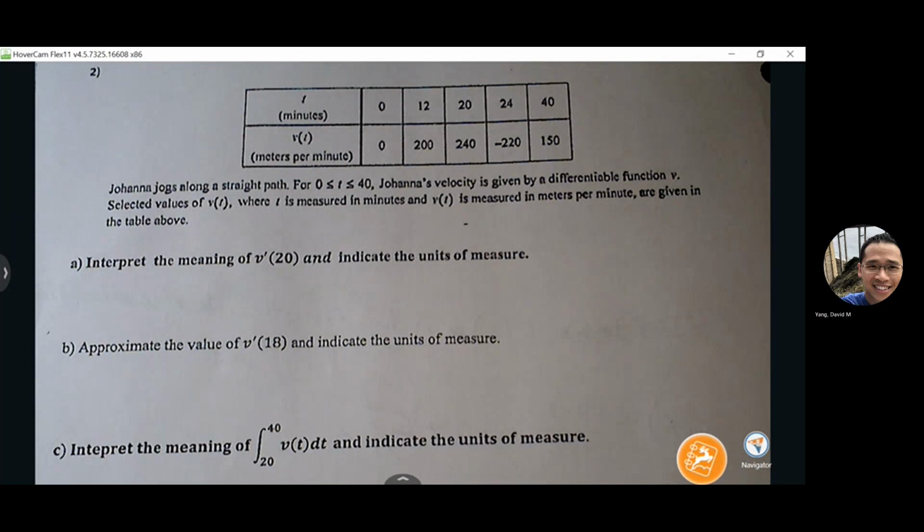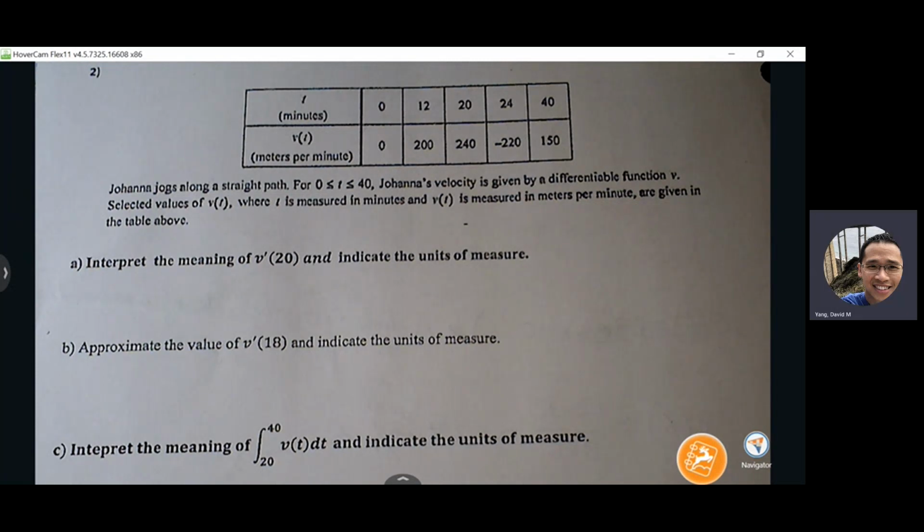So let's just kind of imagine what's going on with her jog. So at 0, she hasn't started yet. 12 minutes in, she's going at 200 meters per minute. 20 minutes in, she's picking up her speed, 240 meters per minute. What's happening at 24? She's what?